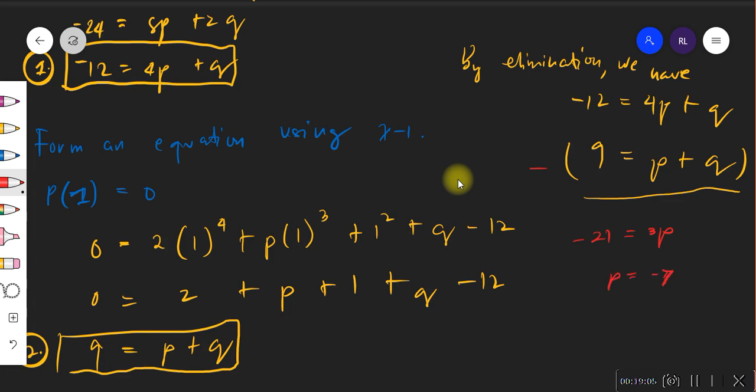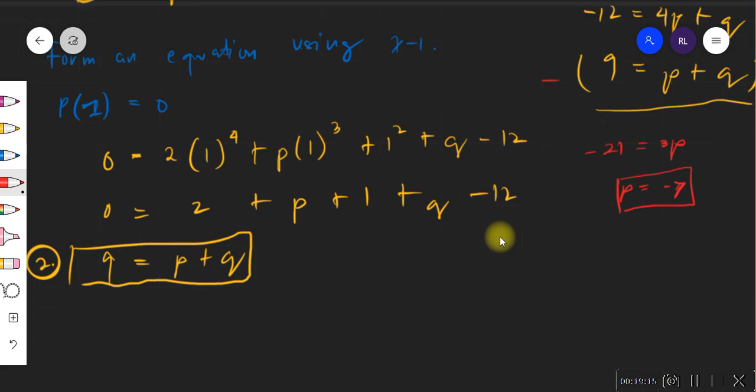Oh, p must be negative 7, so that our divisor a while ago is a factor of our p of x. So let's look for our value of q. We know that 9 is just p plus q. So if p is negative 7, therefore our q is just 9 plus 7.